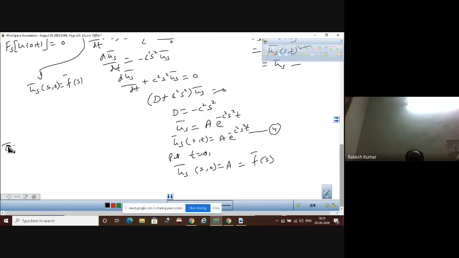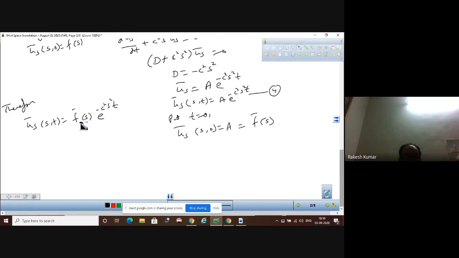Therefore we can get u s bar (s,t). What is its value? That is f bar s e raised to power minus c square s square t. So this is the Fourier Sine transform solution of the given differential equation.